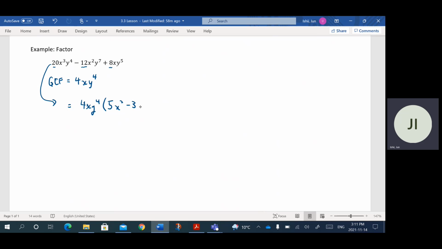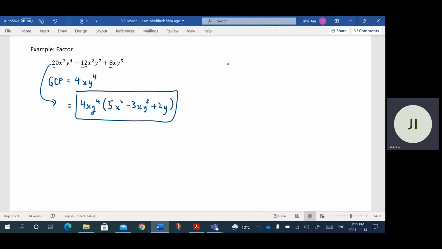X squared divided by x is equal to x. Y to the 7th divided by y to the 4th is y cubed. And the third one here, 8 divided by 4 is 2. And x divided by x, well, those cancel. Y to the 5th divided by y to the 4th, you got y left over. All right. So that's basically it here. And we're done.